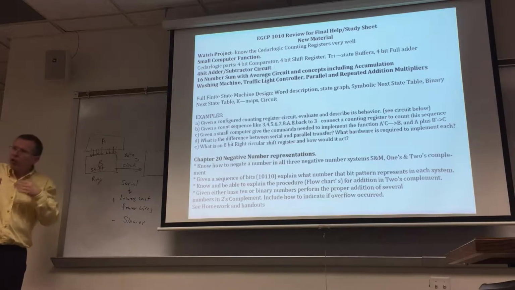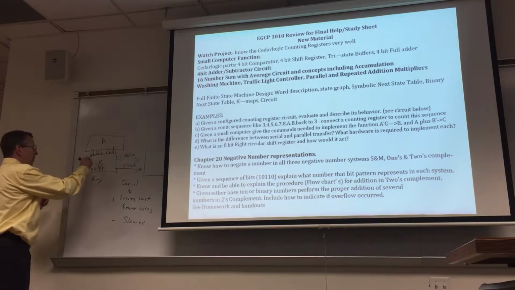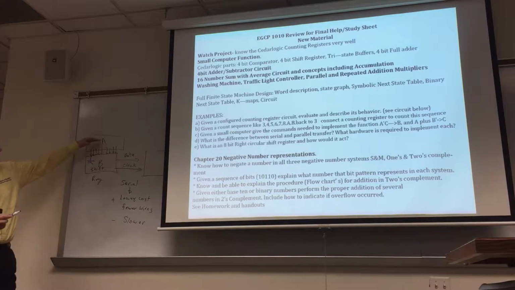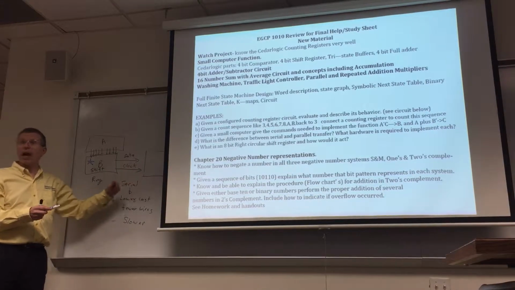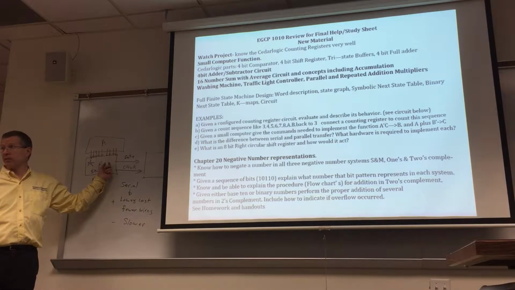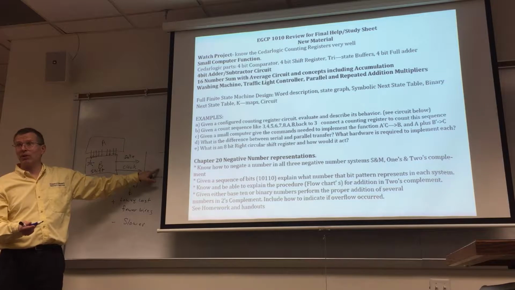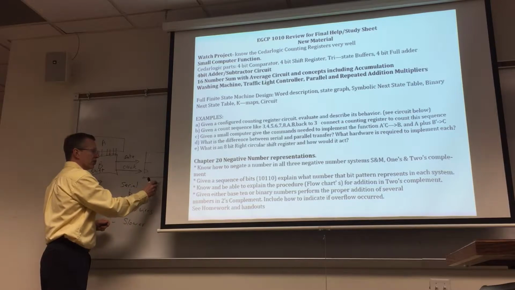If I'm doing parallel to serial, that's what this device would be. It had to have a parallel load capability and then a shift capability, right? So it had to be a parallel loadable shift register. On the receiving end down here, this is going to have a clock and data, right? So this is going to have to be a shift register.